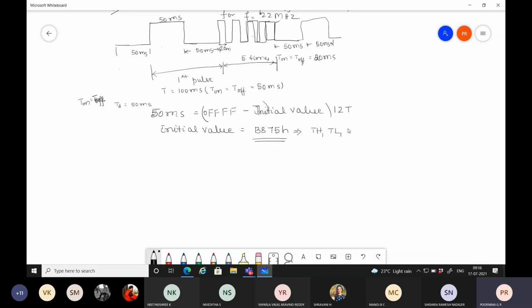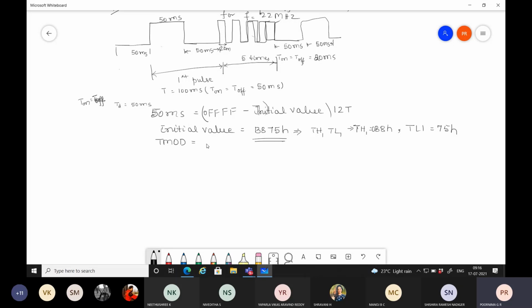So that is the initial value to be loaded on TH1 and TL1. TH1 you have to load with B8H, and TL1 you need to load with 75H. After loading, you have to find the TMOD register.